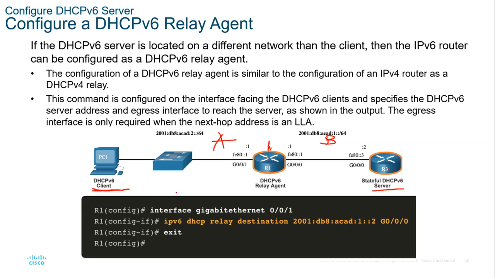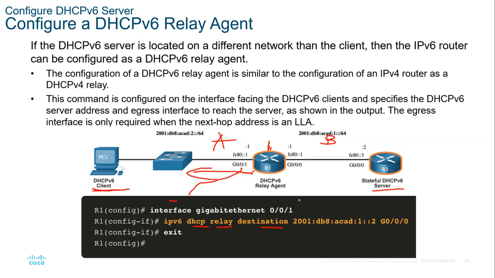So how are we going to do that? Since the client is on this interface, all we need is to go to this interface, gigabit Ethernet 0/0, and then ipv6 dhcp relay destination.